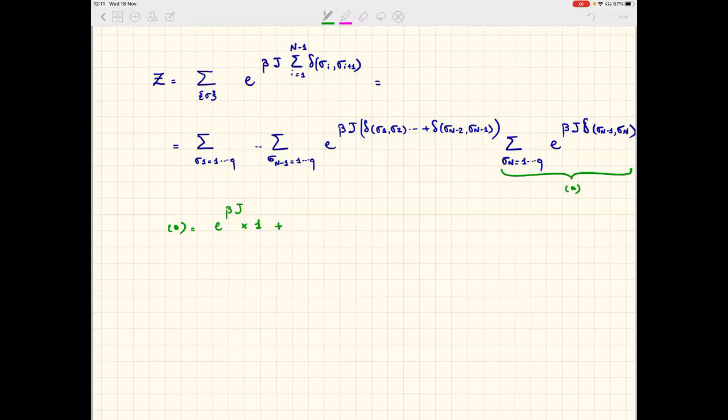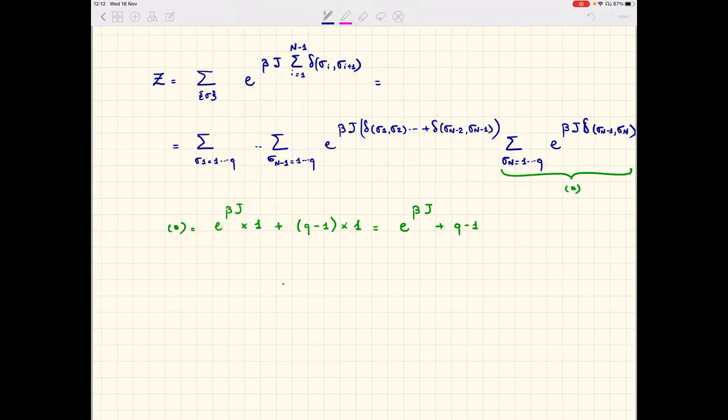So q minus 1 times, when they are different, e to the beta J times 0, which is 1, right? So overall, I will get e to the beta J plus q minus 1, right? You agree? Okay.